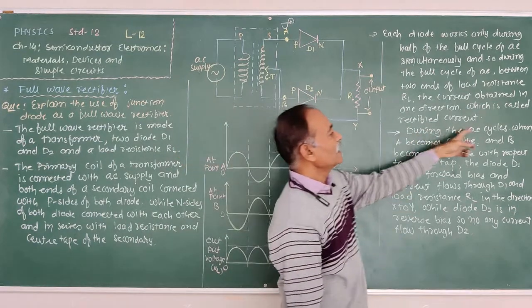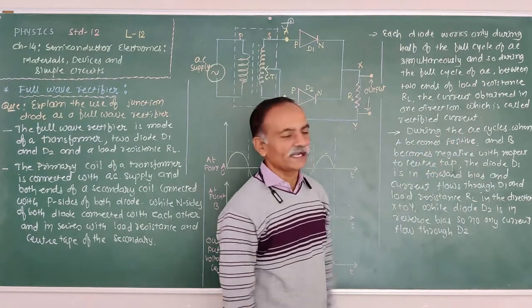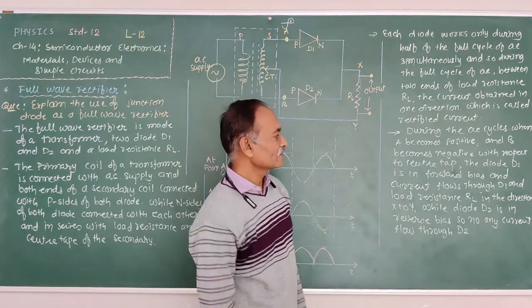Again, during the positive half cycle of the AC, A becomes positive and B becomes negative with respect to the center tap.